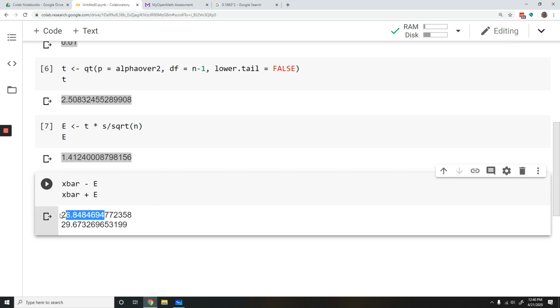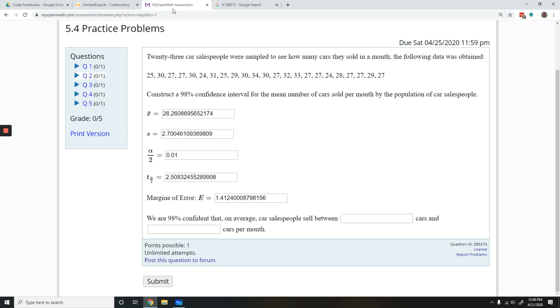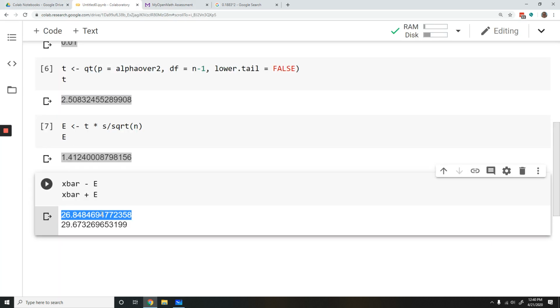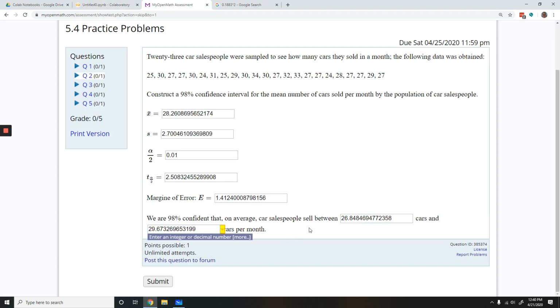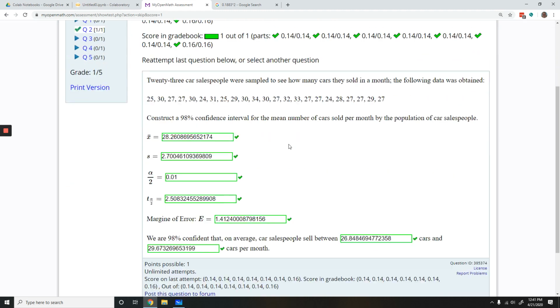Let's copy and paste each of them: lower number in the first box in this last part, and then bigger number in the second box. So we are 98% confident that on average, car salespeople sell between 26.85 cars and 29.67 cars per month. Okay, so let's submit it, and we have it.